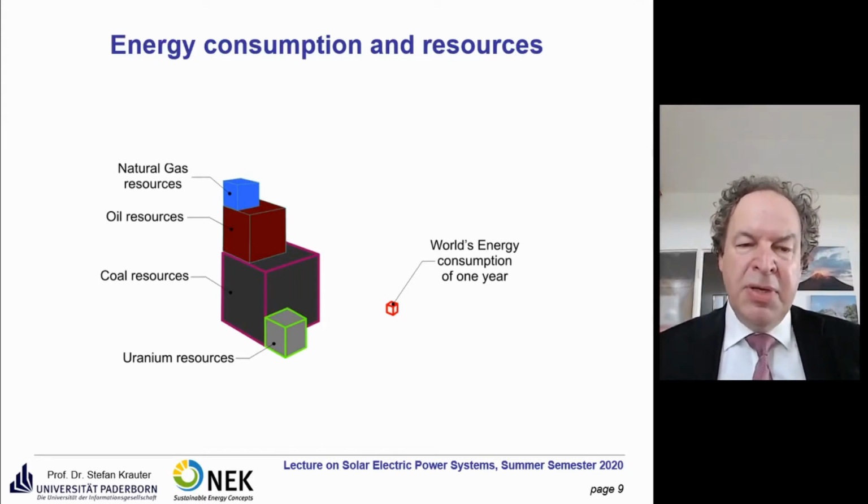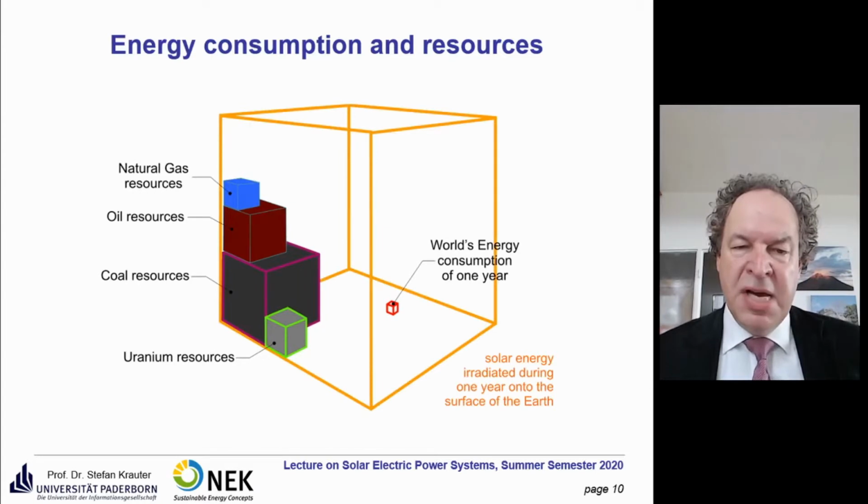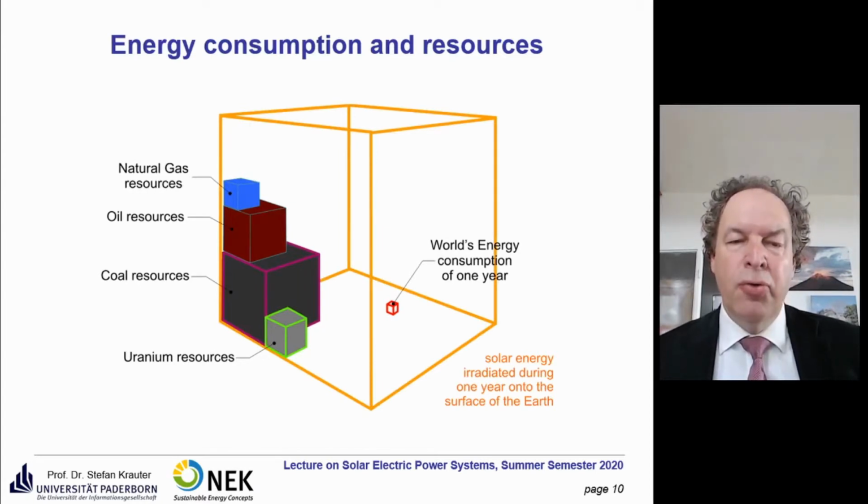So how much would be our potential for solar energy? If we take a look at how much solar energy hits the surface of the Earth within 1 year, we come to that cube. The orange cube represents the solar energy available during only 1 year.